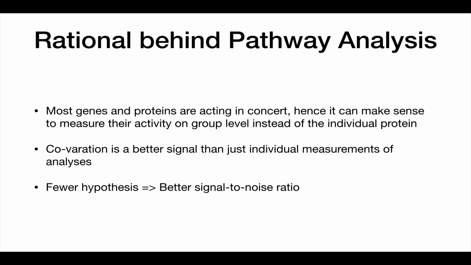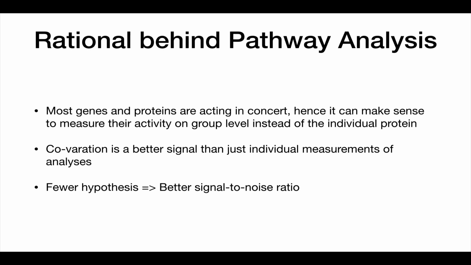There are multiple reasons why we would like to do pathway analysis. In general, most genes and proteins are acting in concert, and hence it makes much more sense to measure the activity on group level instead of the activity level of individual proteins or genes or transcripts.